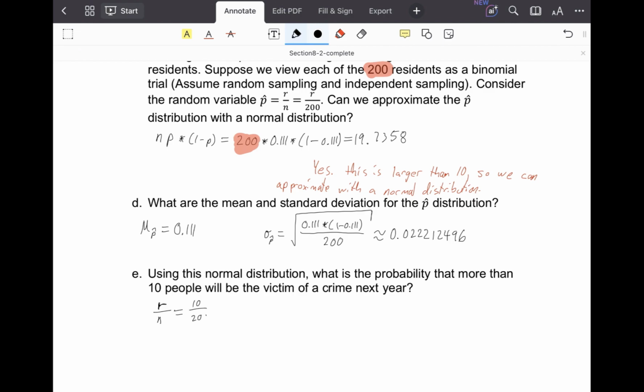So we do 10 divided by 200, which gives us 0.05. So I'll write also in symbols here the probability of P hat being greater than 0.05. That's giving us our lower limit. And at this point, we can go to our Excel file in order to get the calculation of this probability.